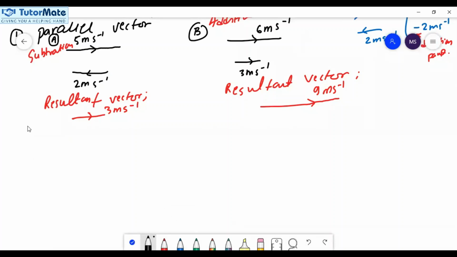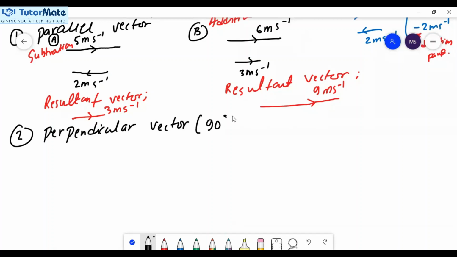Now, let's come to the second part, that is perpendicular vectors. Perpendicular is none other than 90 degrees. So here is the first case. Maybe there are two forces acting at a right angle.